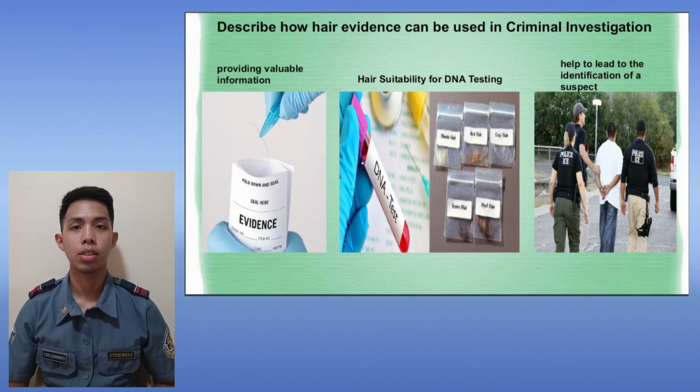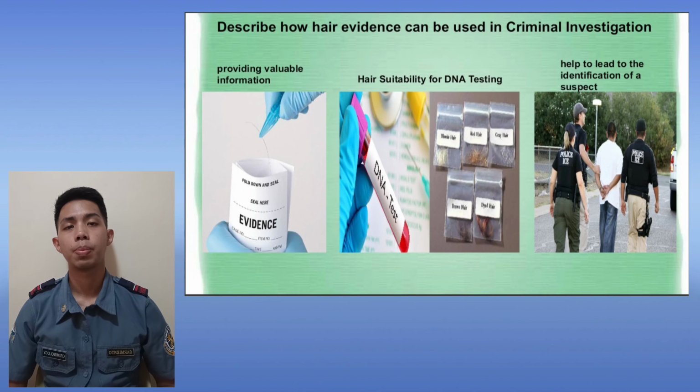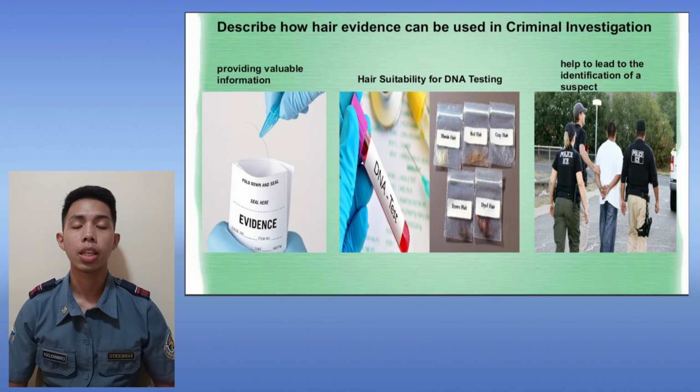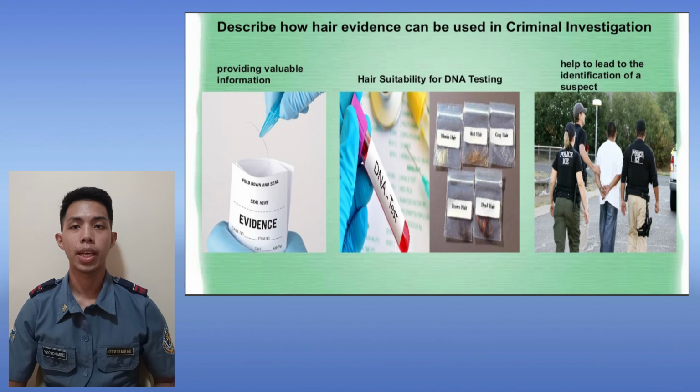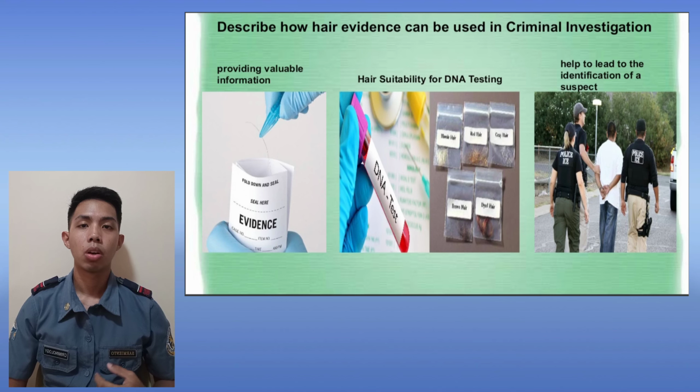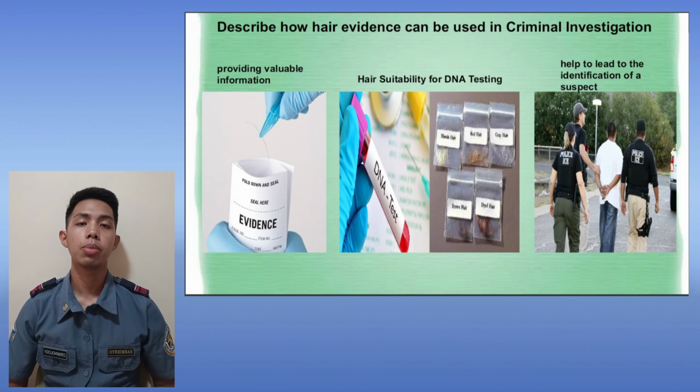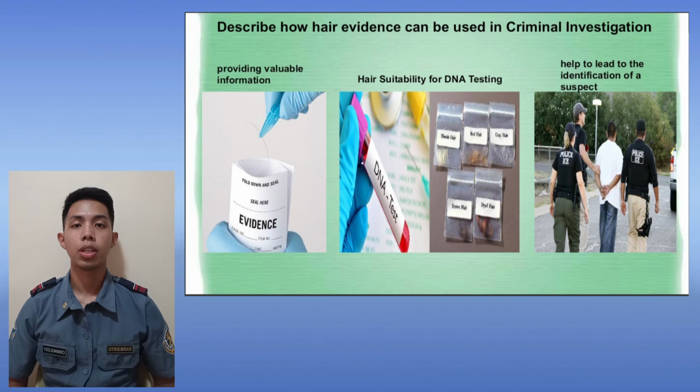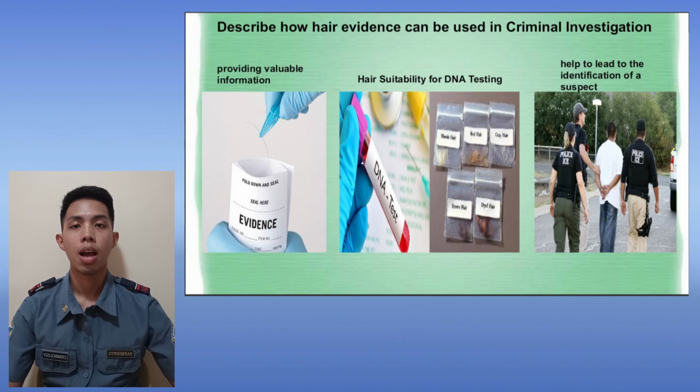Hair analysis is also a very helpful process in locating and eliminating suspects in crimes. Crime scene investigators are usually responsible for collecting hair samples at crime scenes to be analyzed later in the hopes of solving a crime.